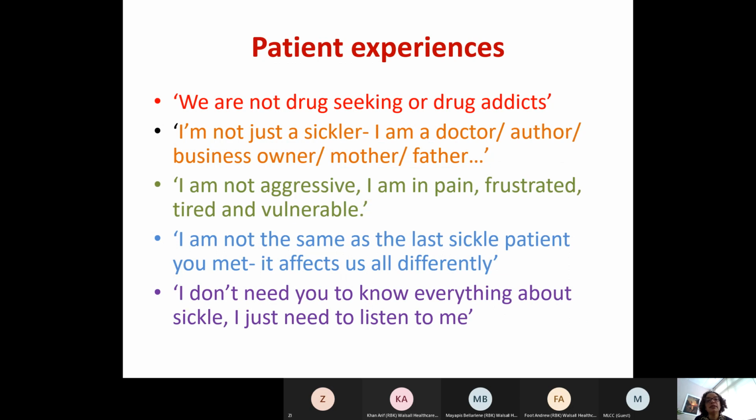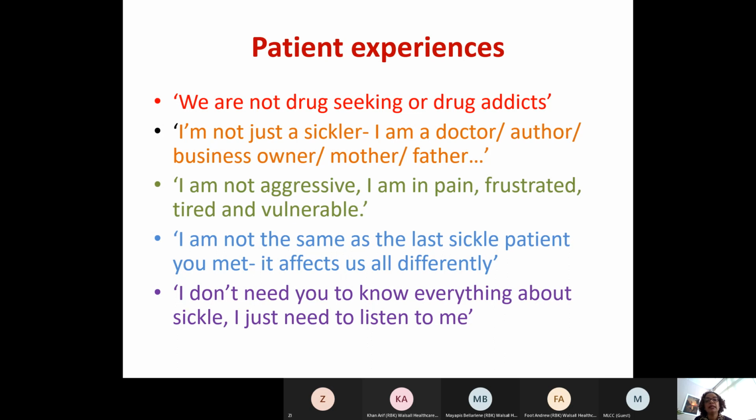Now the patients tell us that very often they are faced with this all the time. So some of the patients' voices are, "We are not drug seeking, we are not drug addicts. I'm not just a sickler. We have doctors who have sickle cell disease, patients who have their families, their authors, who have sickle cell disease. So some of our patients are very high achieving, and I'm not aggressive, but I'm in a lot of pain.